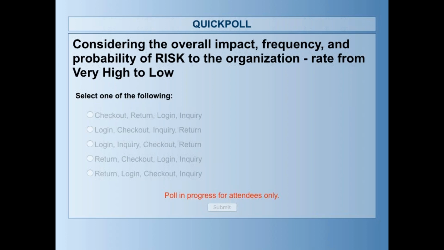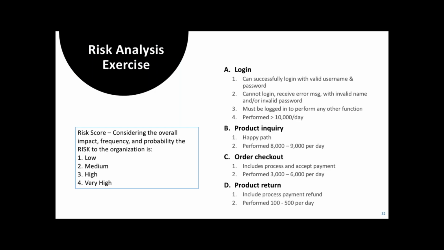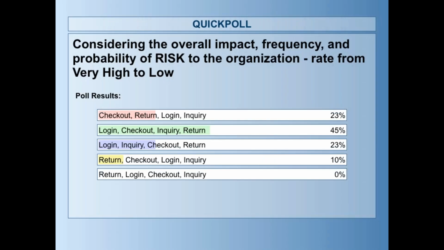All right, I'm going to go ahead and close that poll and display the results. So fantastic, no real surprises in that close to 50% of you chose exactly what we would have expected, and that is that the login would have the highest risk score, because keep in mind, if you're not able to log in, then you're not able to do anything, which includes inquiry, checkout, and return.